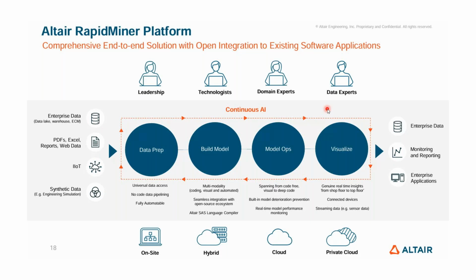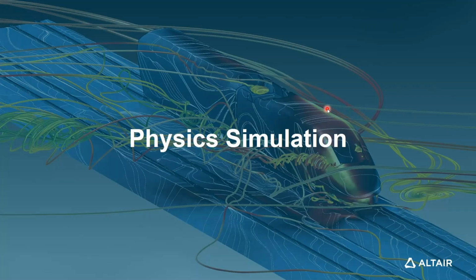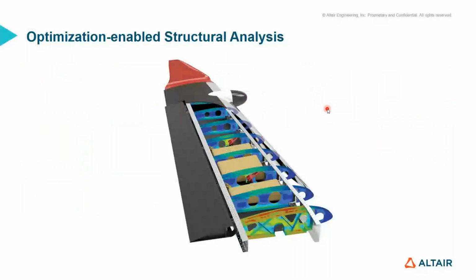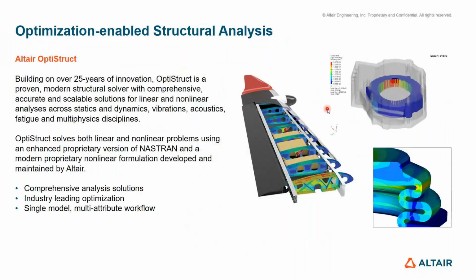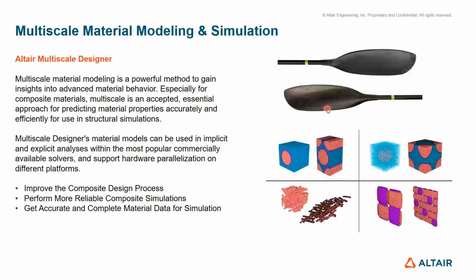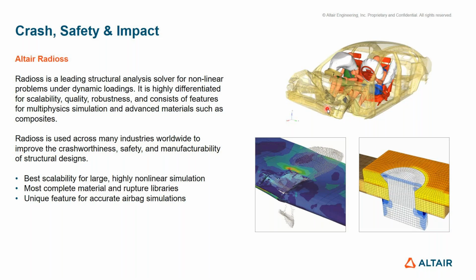Okay. Coming to physics simulation, Altair has different types of physics simulation, be it structural, thermal, CFD, multibody dynamics. So Altair OptiStruct is the structural linear and nonlinear solver, which can perform different types of structural simulation like static, modal, buckling, nonlinear analysis, contact simulation, noise and vibration, random vibration, etc. And coming to Radioss, it is the tool for crash and impact simulation.